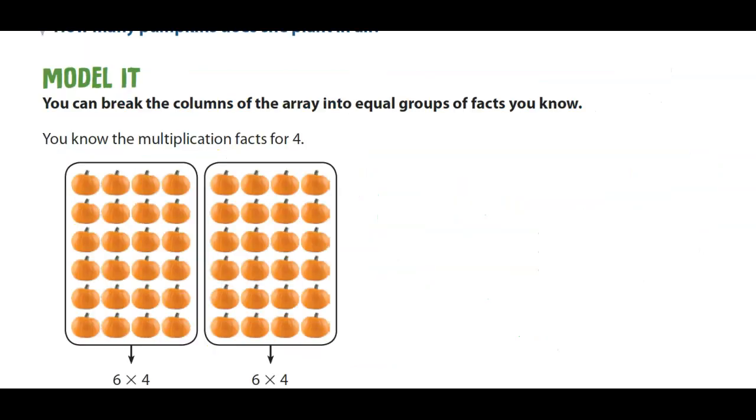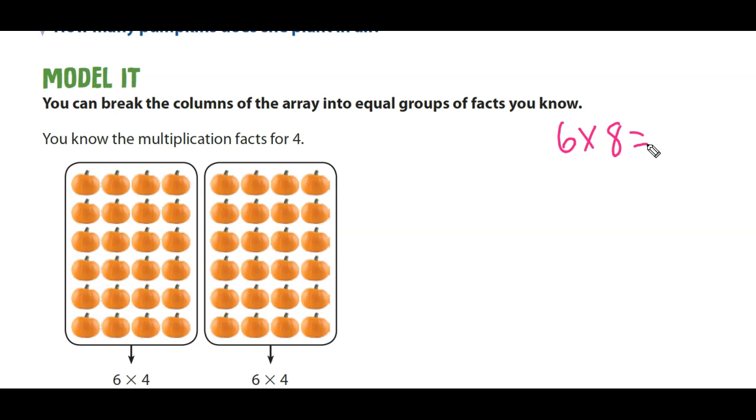So the example that we just did, this is what they're modeling. Okay? So remember it was 6 times 8, right? They took the 6 rows with 8 in each and broke it apart into 2 arrays.